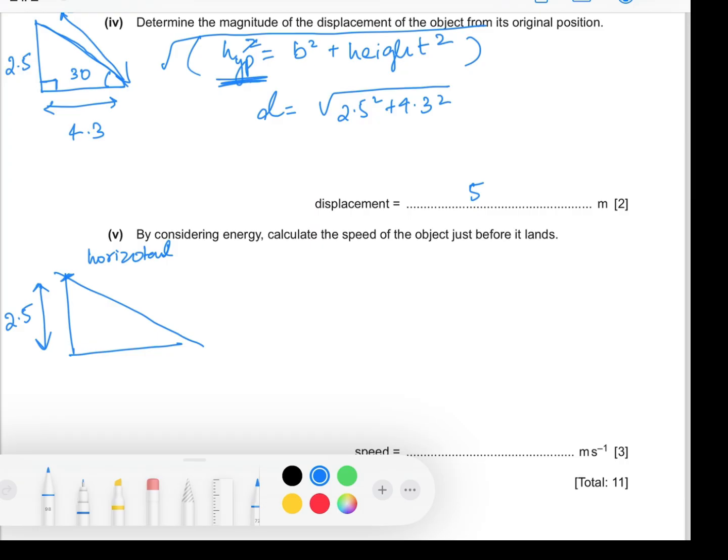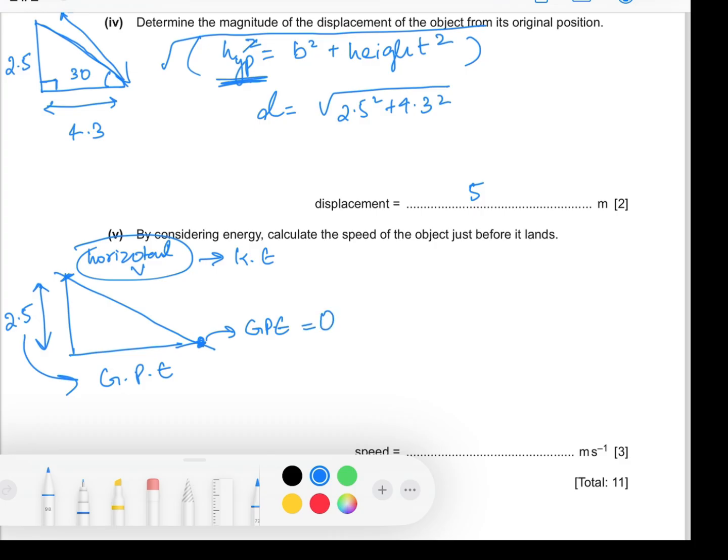From the height, it will have gravitational potential energy, and the horizontal velocity means it also has kinetic energy due to speed at the top. At the bottom, when it doesn't have height, the gravitational potential energy is equal to 0.